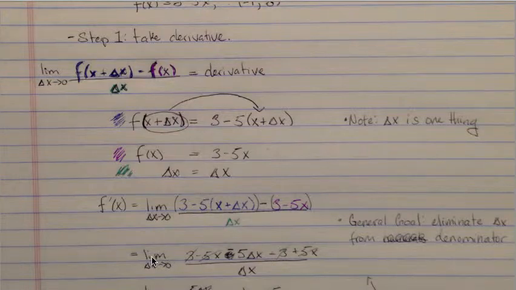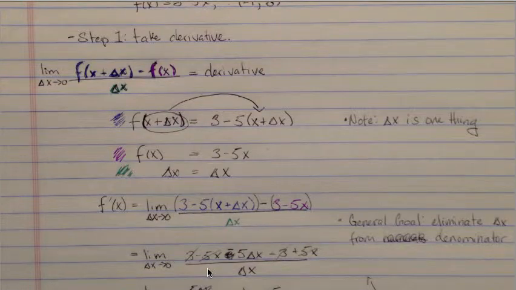We do that by first simplifying what we have up here. We have, I wrote it down here, 3 minus 5x minus 5 delta x. I just distributed this negative 5 here and here. And then minus 3 plus 5x. I just distributed this negative to both the 3 and the negative 5x.